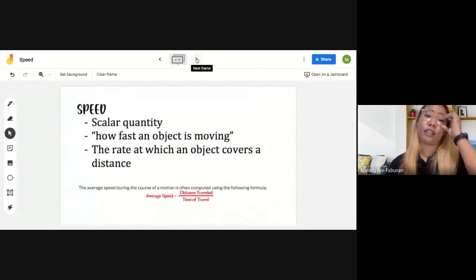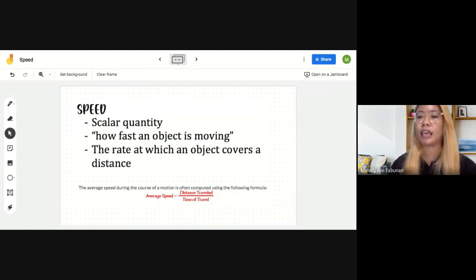By definition, speed is a scalar quantity. Similar to distance, speed is also a scalar quantity, which means that for a scalar quantity, what we need is the value, including the unit. For speed, our unit is meter per second, and later on, we will explain why the unit is meter per second.